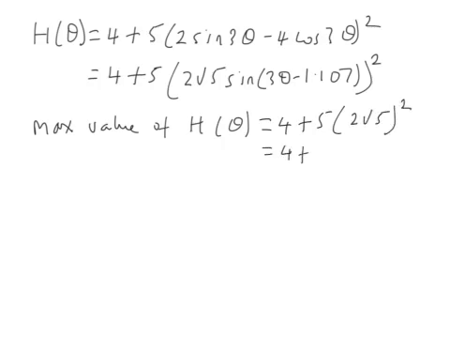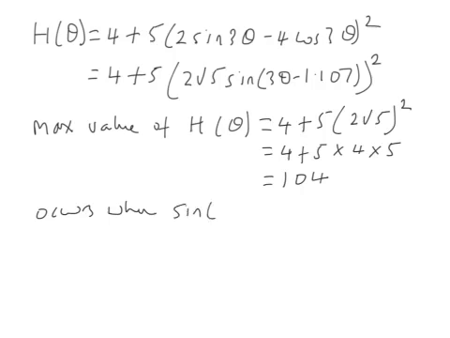So that's 4 plus 5 times 2 squared is 4, root 5 squared is 5, so it's 4 plus the 100, which is 104.